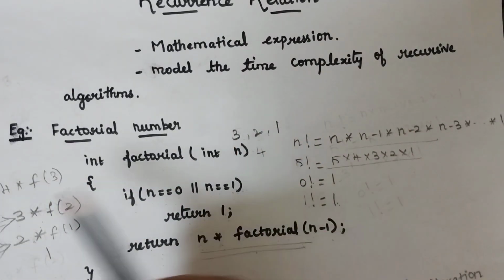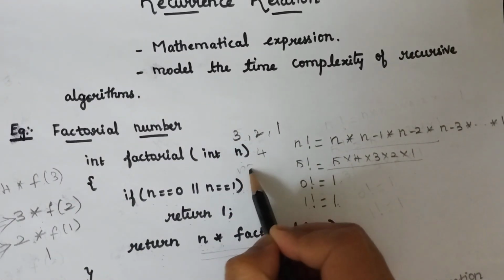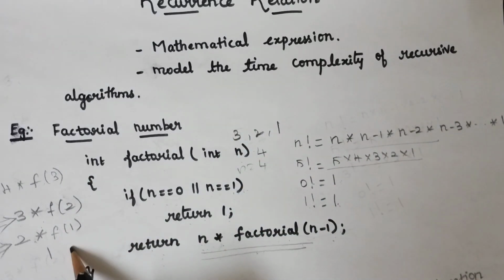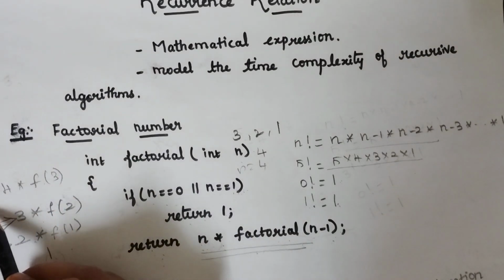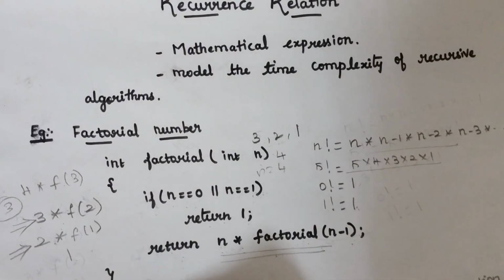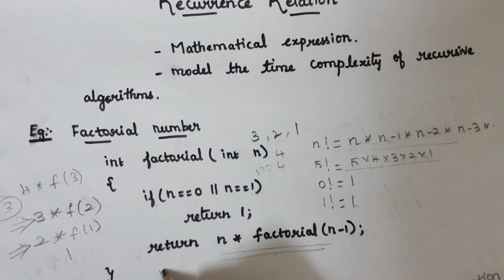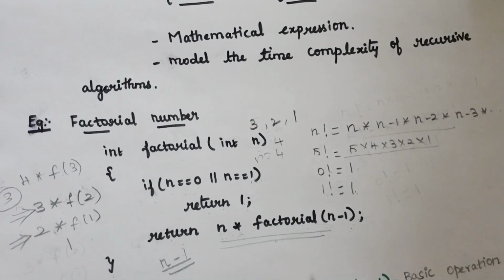After that n becomes 3, then this will happen. So if my n is 4, how many times is the recursive call happening? 3 times. Which means in general you can say that the recursion is happening here n minus 1 times.